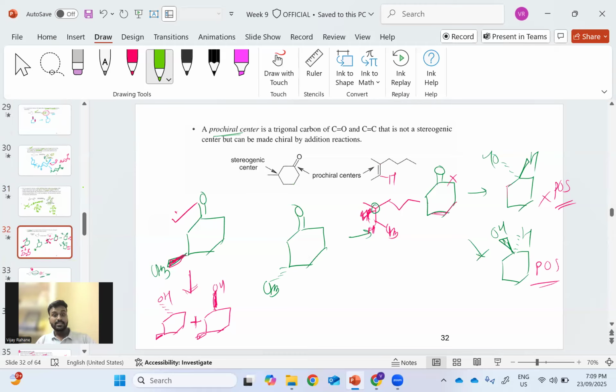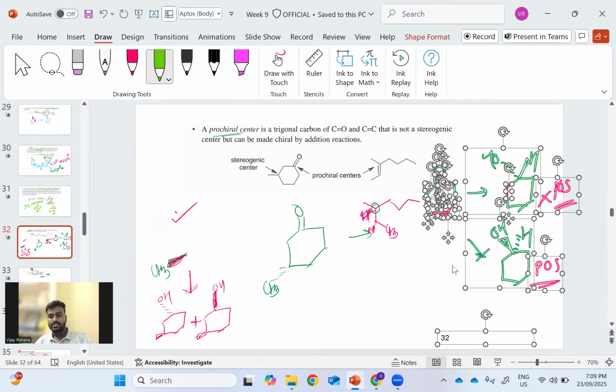Here the reduction, in some cases, if we have a prochiral center, this carbonyl center is generally a prochiral center, because upon addition of any nucleophile across the carbonyl, we can convert the center into a chiral center. So it is always considered a prochiral center, and there is a chance of stereoselective product formation.